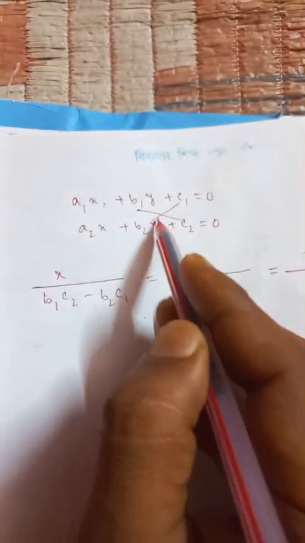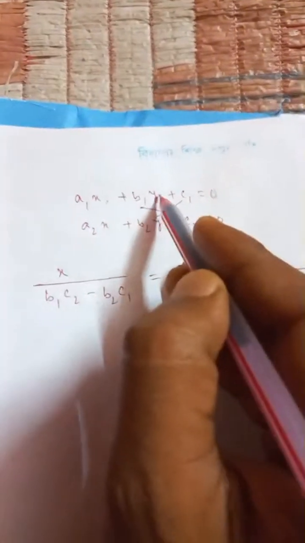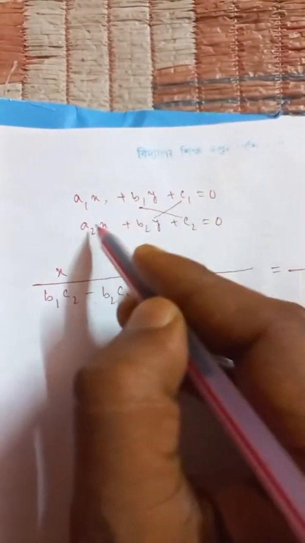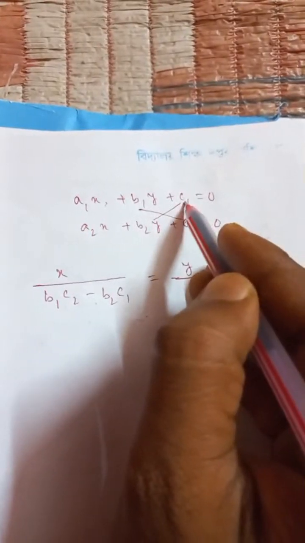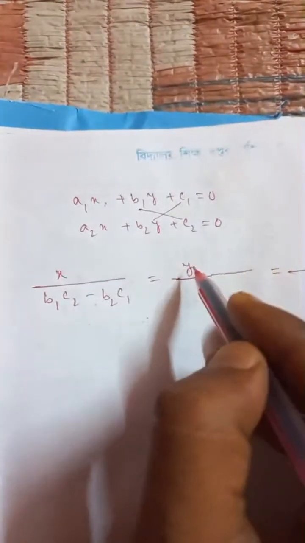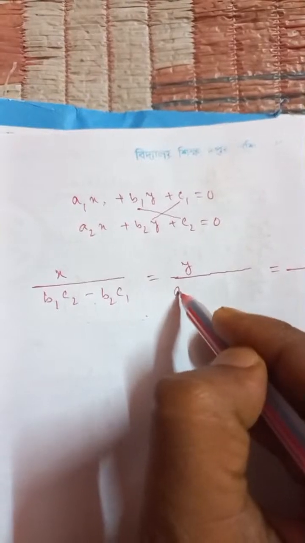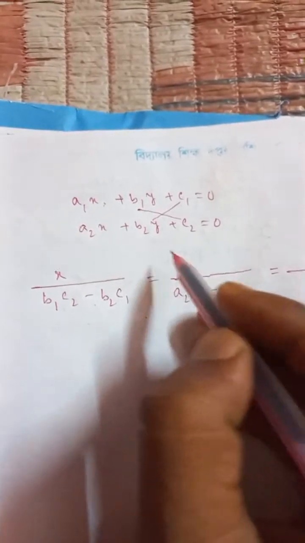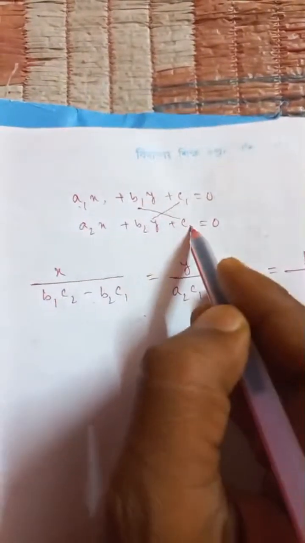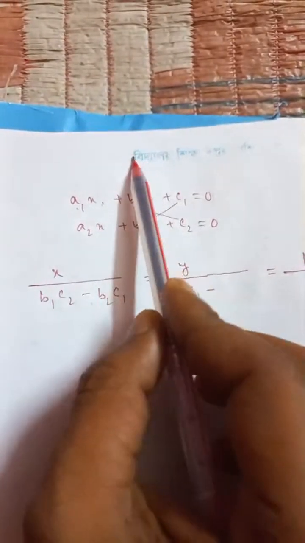Then we will take y. For y, this multiplication we have to do is a2c1 minus a1c2.